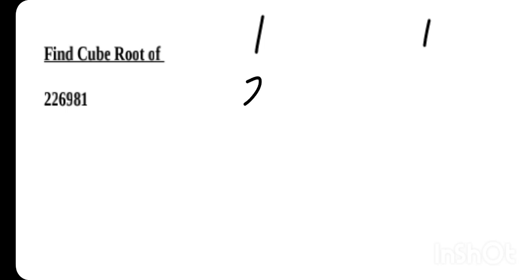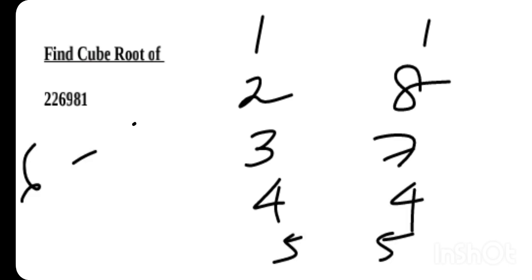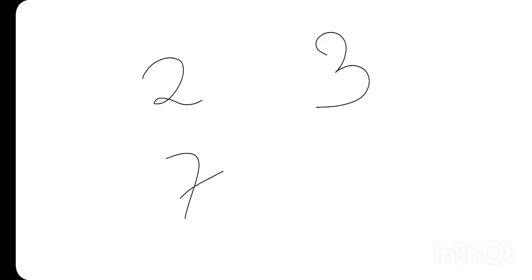For 2 it will be 8, for 3 it will be 7, for 4 it will be 4, for 5 it will be 5, for 6 it will be 6, for 7 it will be 3, for 8 it will be 2. That is, every number will be similar except 2, 3, 7 and 8. It will be like this.